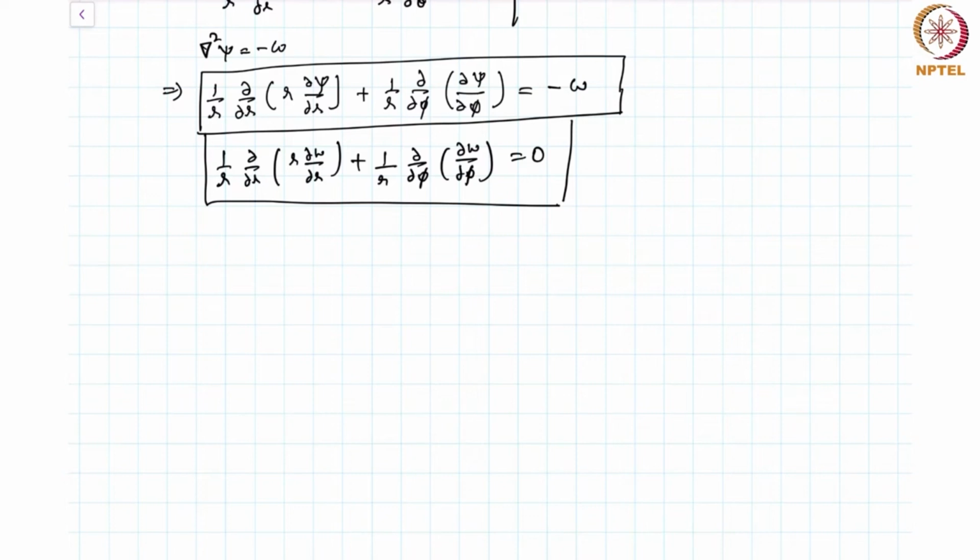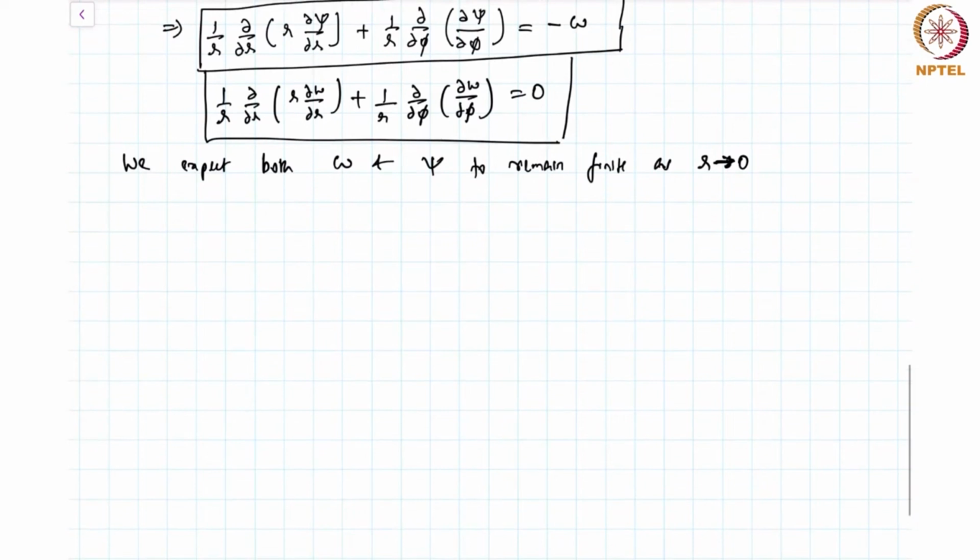So we expect both ω and ψ to remain finite as r goes to 0. At the very least, we can let them go to 0, but they themselves cannot go to infinity, right?